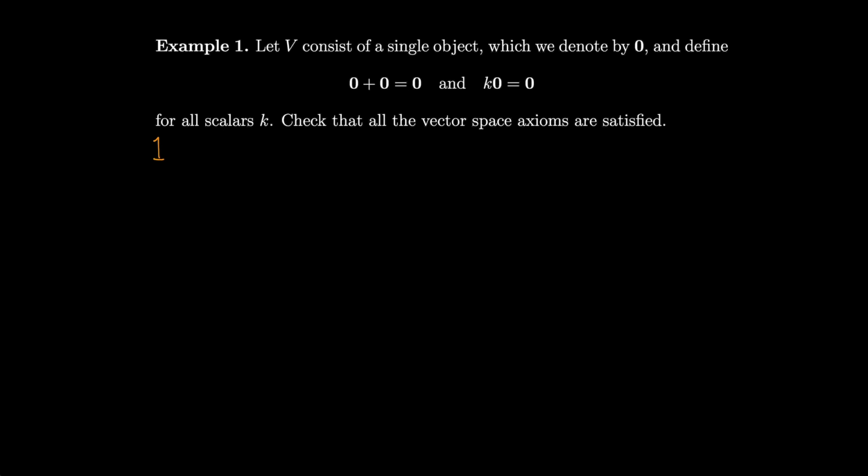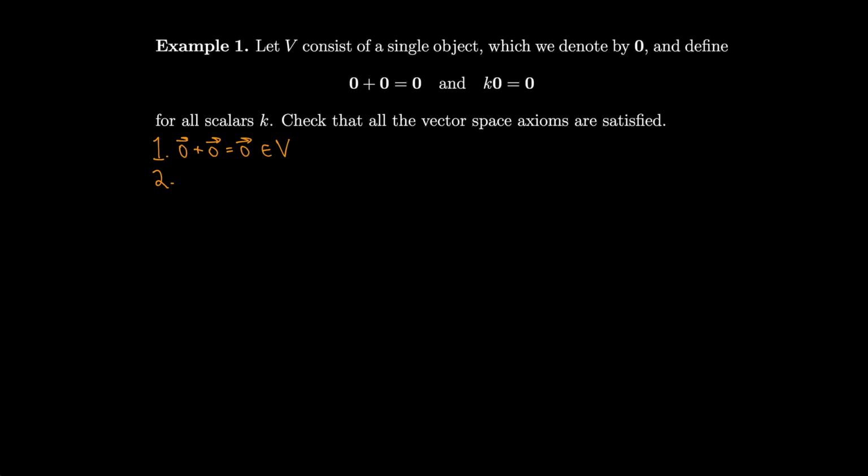So in order for this to actually be a vector space, we have to have that the sum of any two vectors is inside of our vector space. So let's look at what 0 plus 0 is. Well, by definition, that's 0. So that is inside V. So axiom 1 is satisfied.